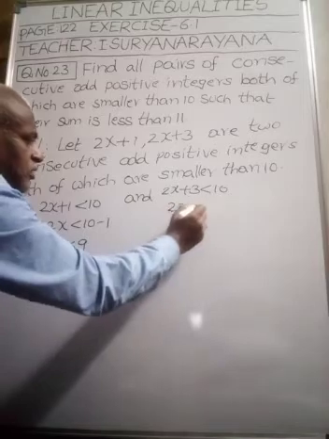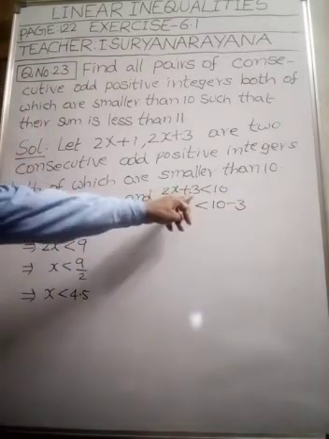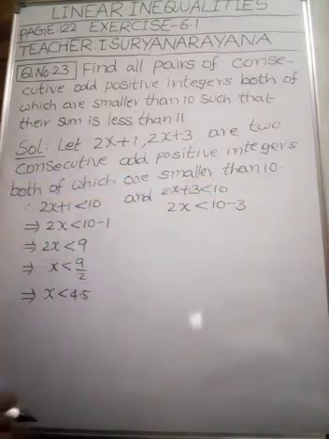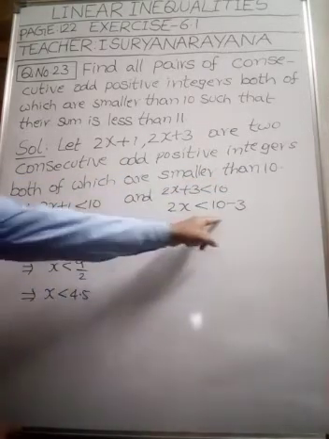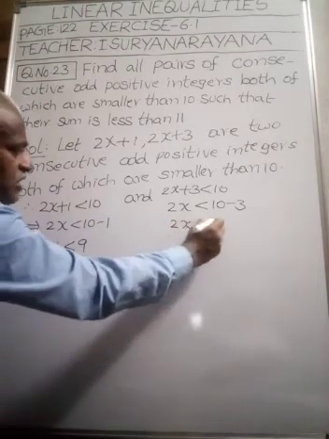Next, let us take this one. 2x is less than 10 minus 3. We are transposing plus 3 to the RHS, then it becomes minus 3. Understood this step, my children? Right. 2x is less than 7.